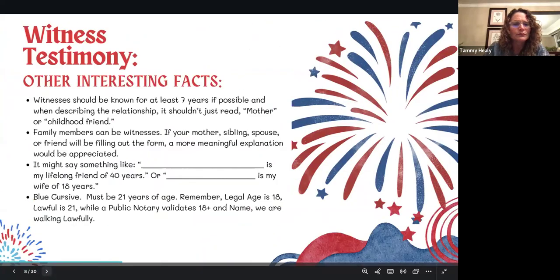So other interesting facts, witnesses should be known for at least 7 years if possible. And when describing the relationship, it shouldn't just read mother or childhood friend. You want to put a more meaningful explanation. Family members can be witnesses. And if your mother, sibling, spouse, or friend will be filling out the form, a more meaningful explanation would be appreciated.